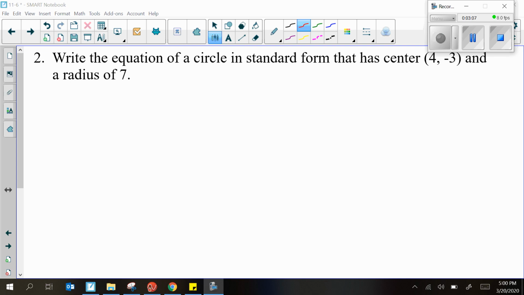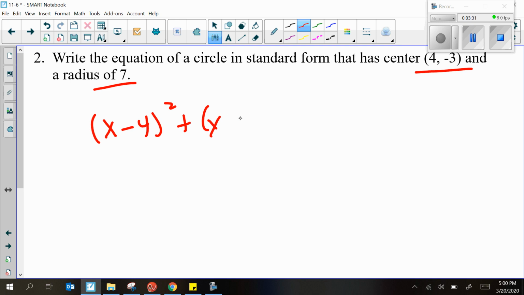All right, next, write the equation of a circle in standard form that has center 4, -3, and a radius of 7. So notice they want a standard equation. Because I have the center and the radius, it's easy for me to write this in center radius form. So x minus 4 squared plus y plus 3 squared equals 7 squared or 49.